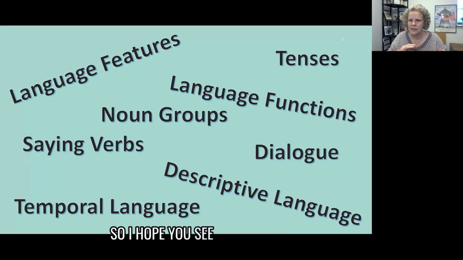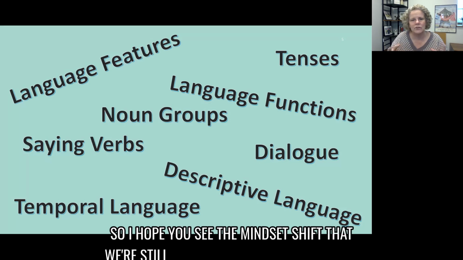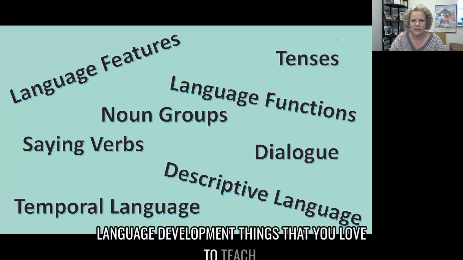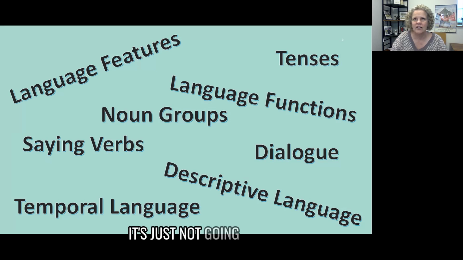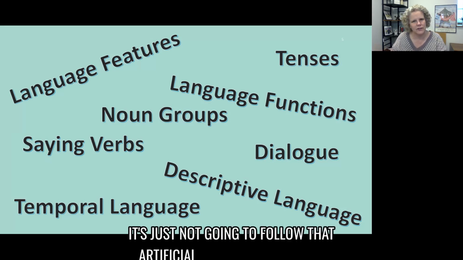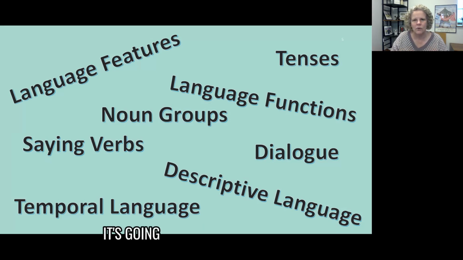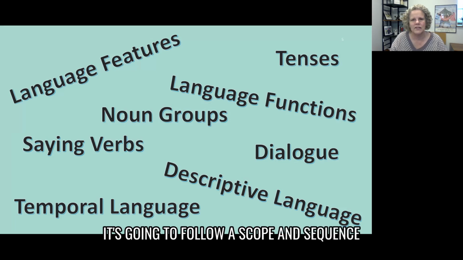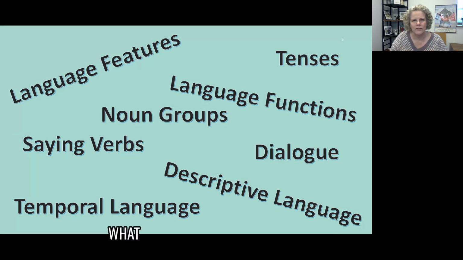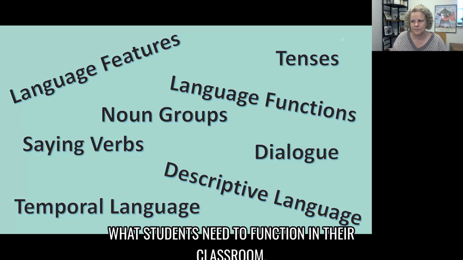So I hope you see the mindset shift: we're still going to teach all the English language development things that you love to teach. It's just not going to follow that artificial scope and sequence. It's going to follow a scope and sequence that matches what students need to function in their classroom.